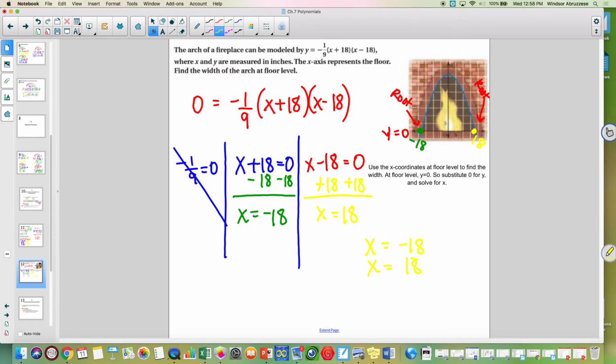So the width of my arch is the distance between these two. So I can do from negative 18 to 0 is 18, and 0 to 18 is another 18. And what's 18 plus 18? 36. So the width of this fireplace is 36 inches using those roots from that equation.